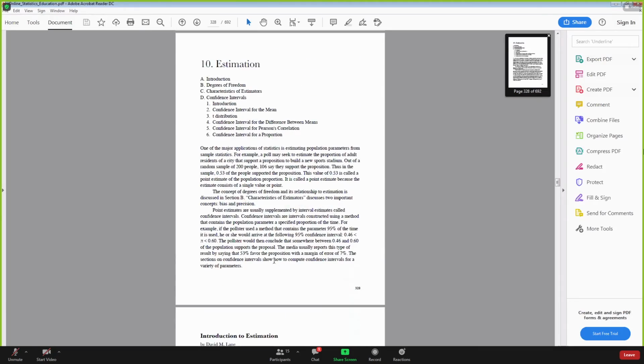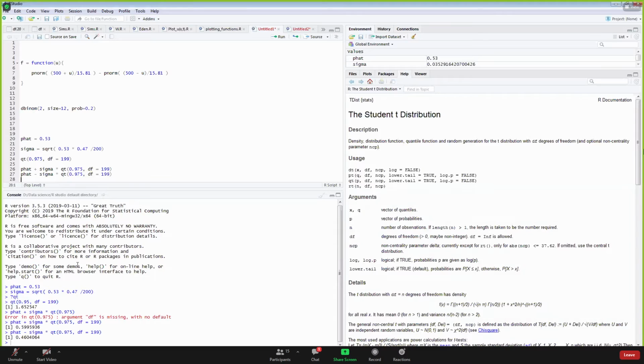Basically, we have 46 and 60, and here we have very close values. Of course, you don't write all the digits, you just round it up to 0.6. So this is exactly how these values are obtained.